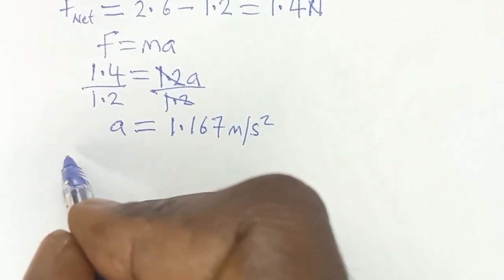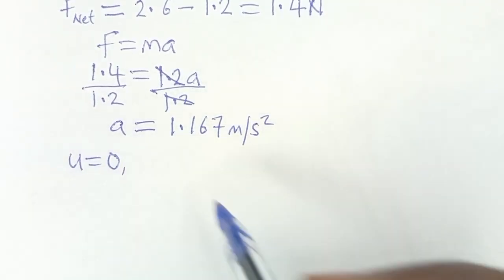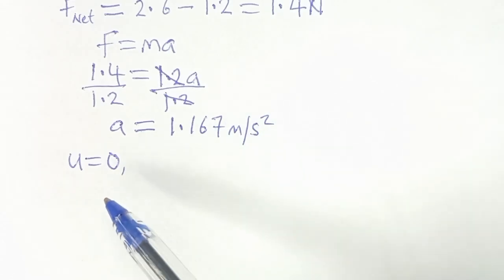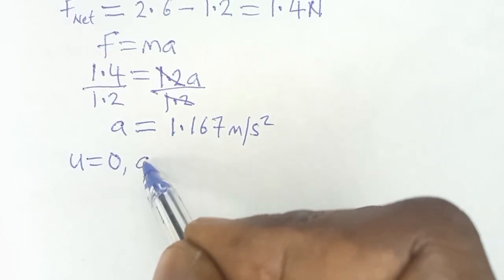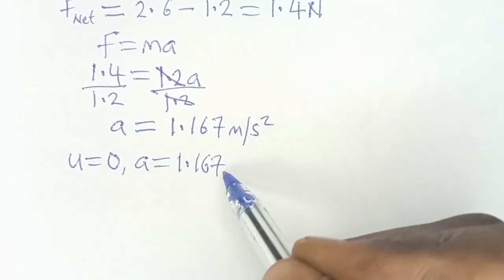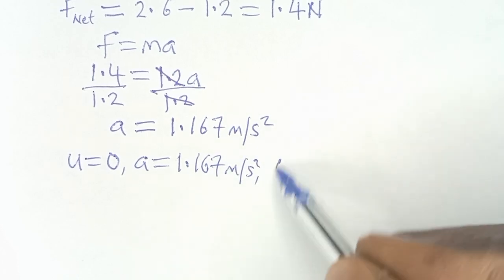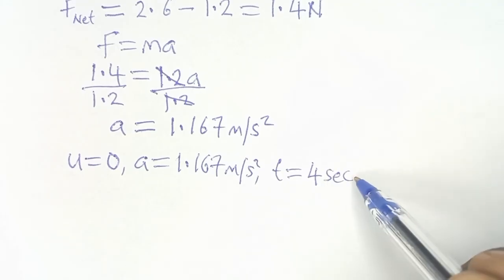So I can simply say the initial velocity is equal to 0 because the block was originally at rest. Don't forget, when the body is at rest, its initial velocity is 0. Then the acceleration, we already know that as 1.167. That is the acceleration, meter per second square. The time, as we saw in the question, is 4 seconds.